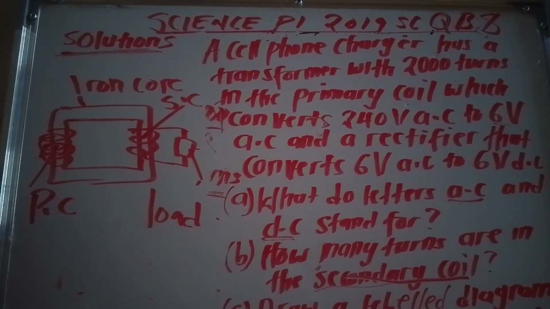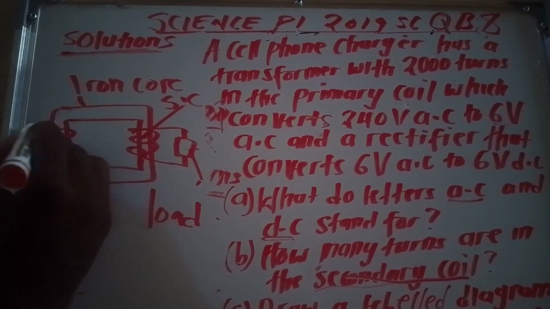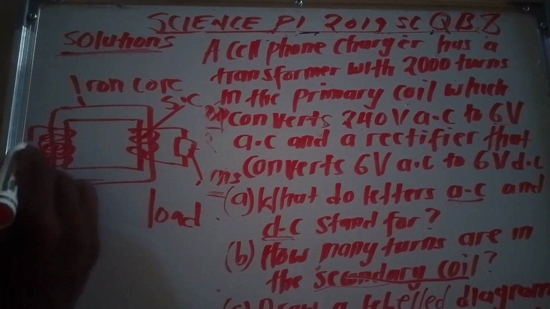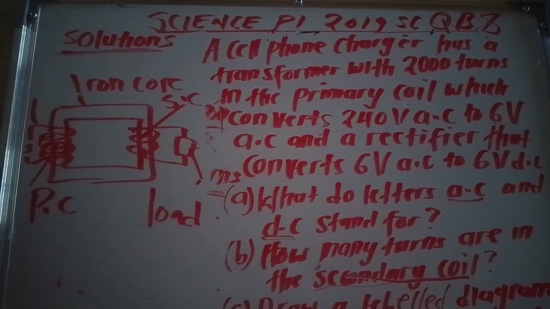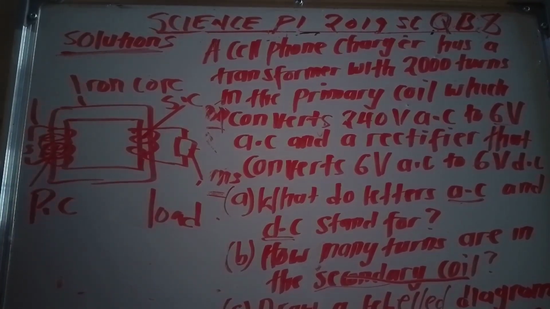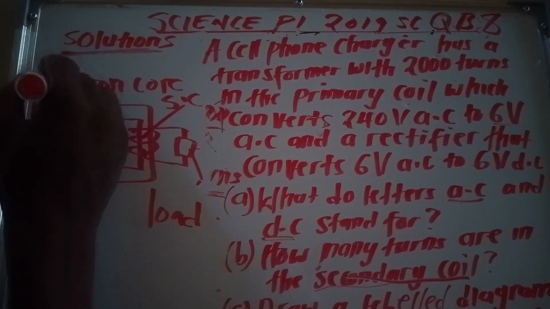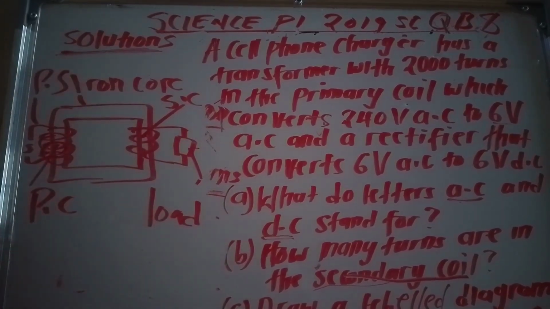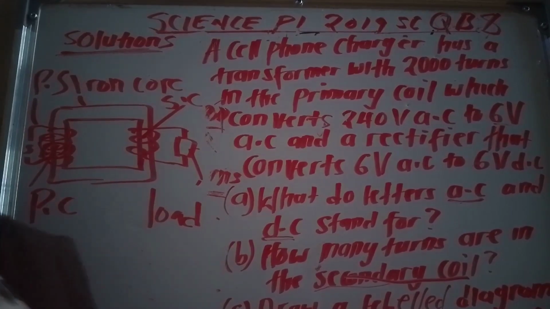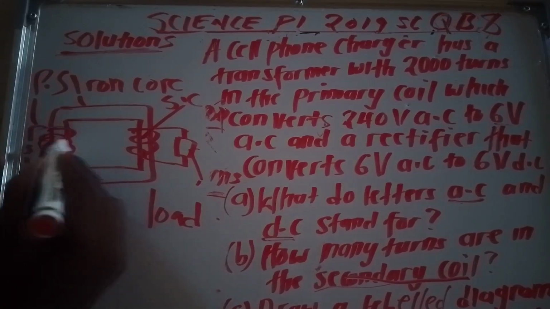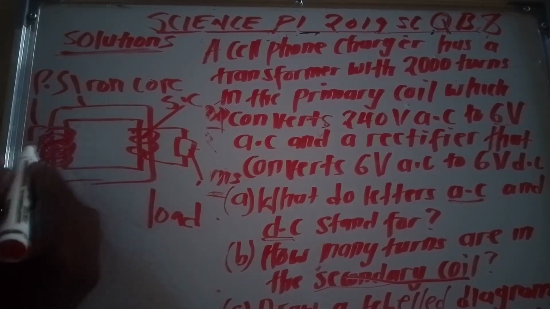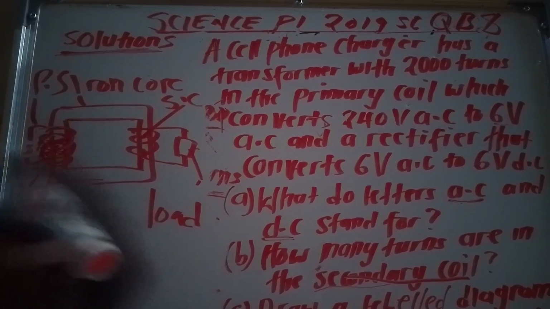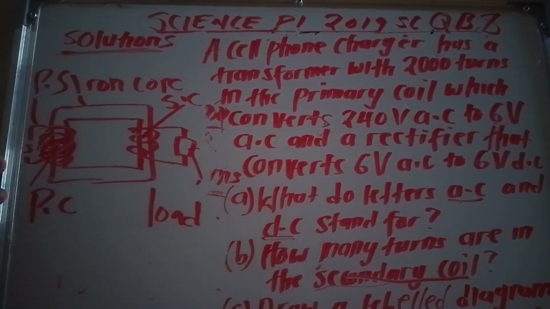I hope you are getting it. Okay, and this is the AC supply. This is the power supply, where it is connected to the power plant. Okay, so this is how we draw it. The main point I want you to remember, whenever you are asked to draw a step down transformer, make sure you show clearly that the number of turns in the primary coil is more than the number of turns in the secondary coil.